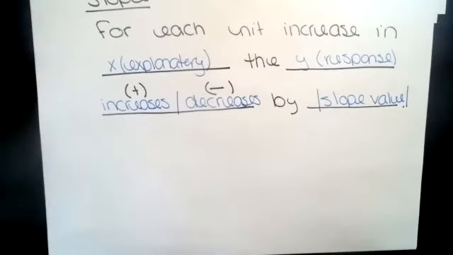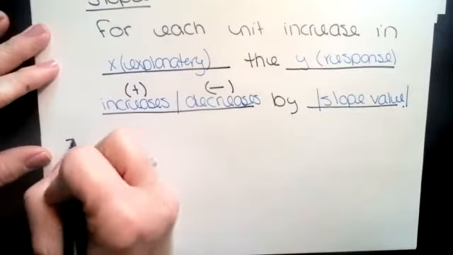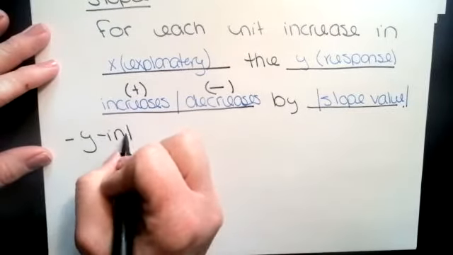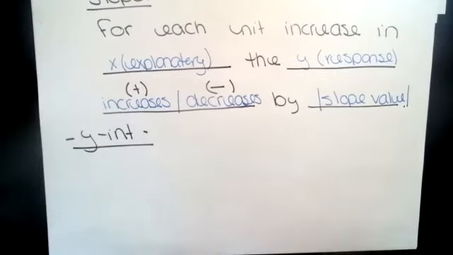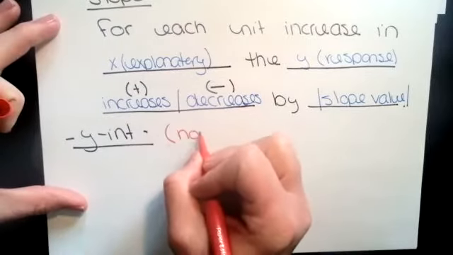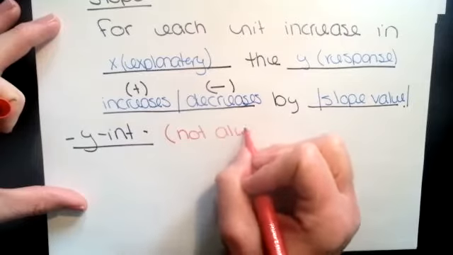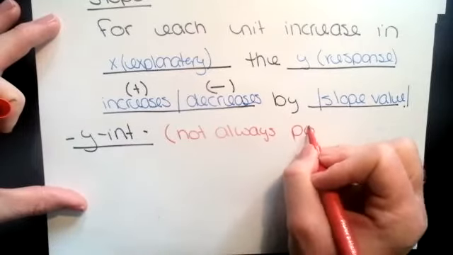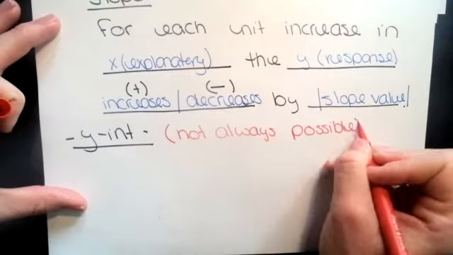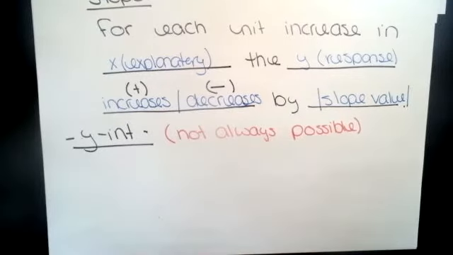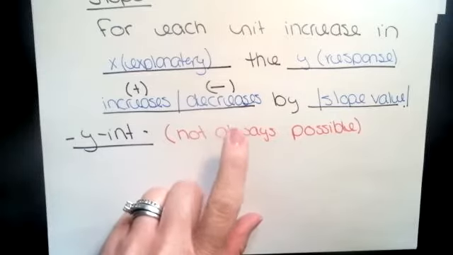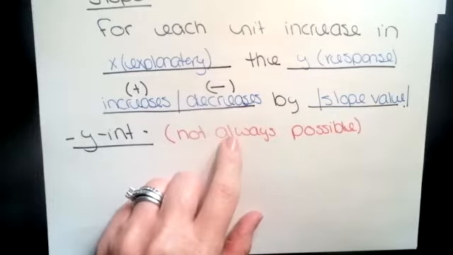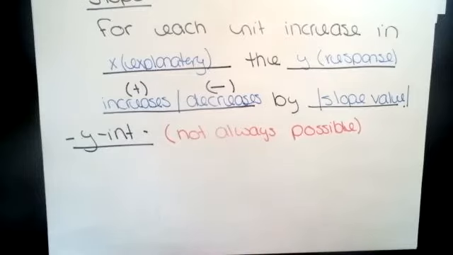And so now let's take a look at the y-intercepts. We have a couple different situations that can happen here before we just have a blanket statement. So I want you to know when we're interpreting the y-intercept, it's not always possible. Why I say it's not always possible is because I have a couple scenarios when I should not be interpreting it, okay?